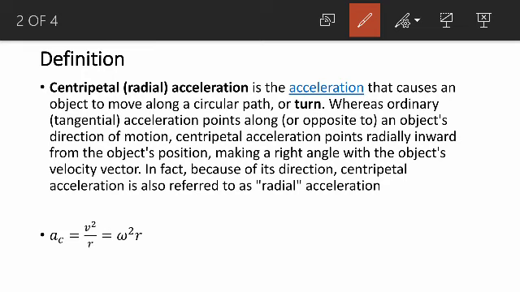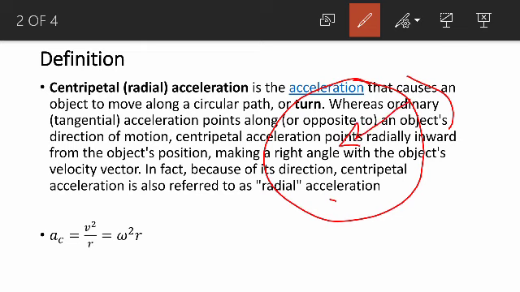Whereas ordinary tangential acceleration, which we saw in the previous video, points along or opposite to an object's direction of motion, that means it's tangent. Let's put it this way. If I have my circle, the radial acceleration goes inward, pulls inward, causes it to move.